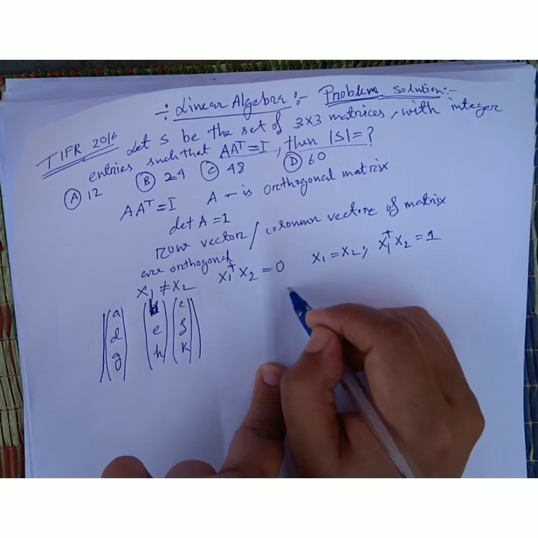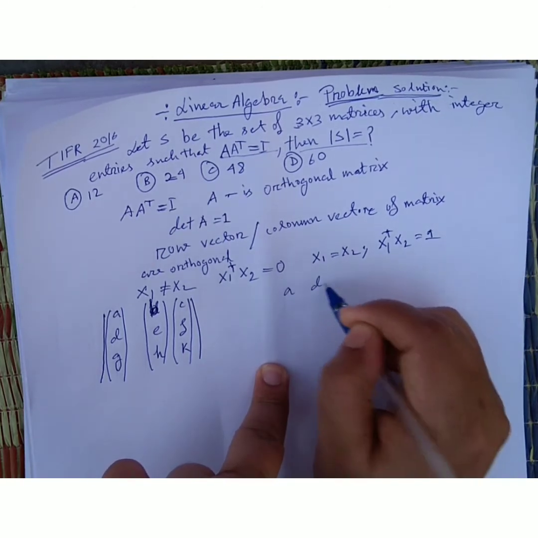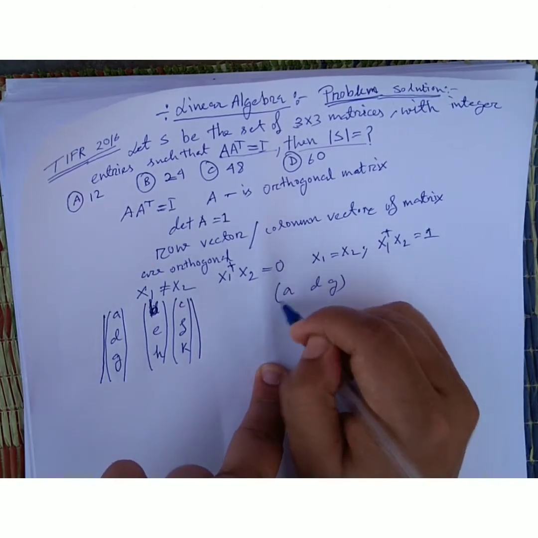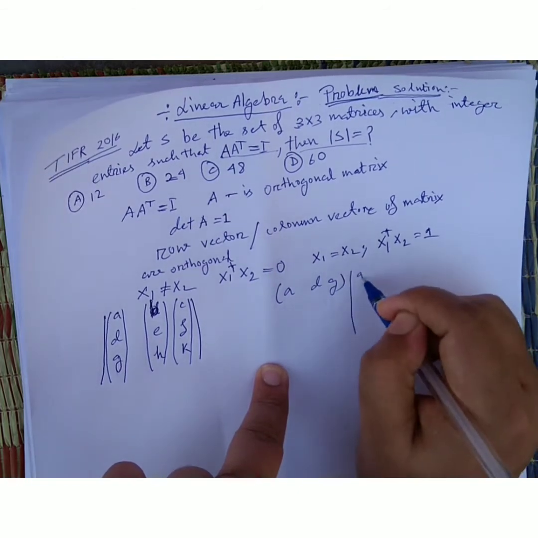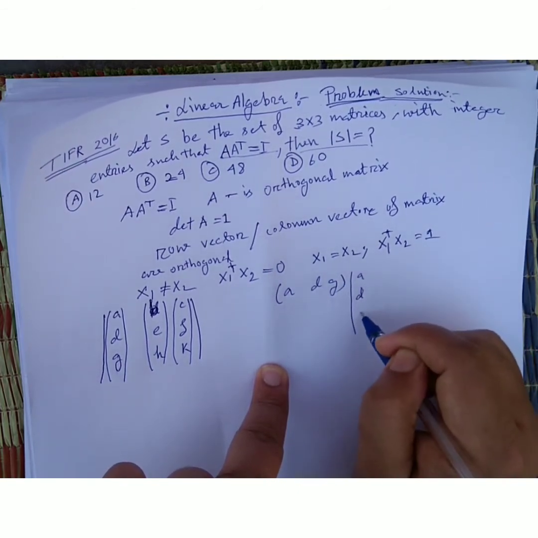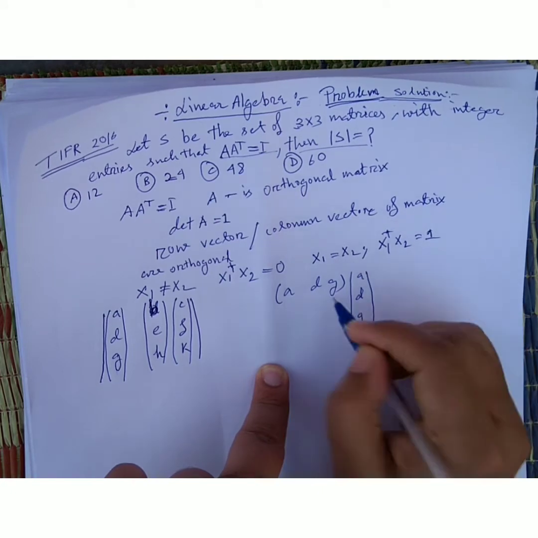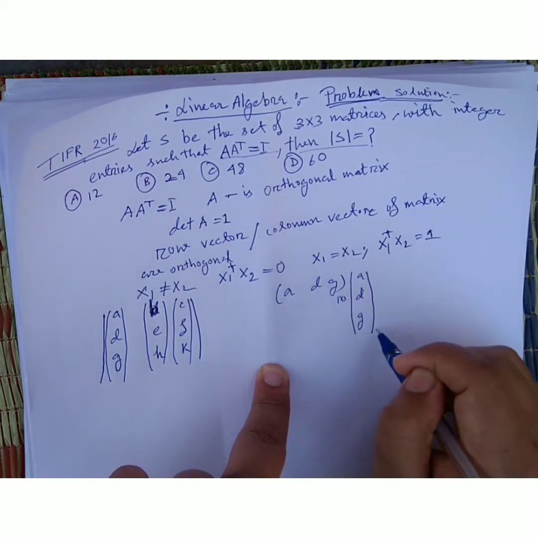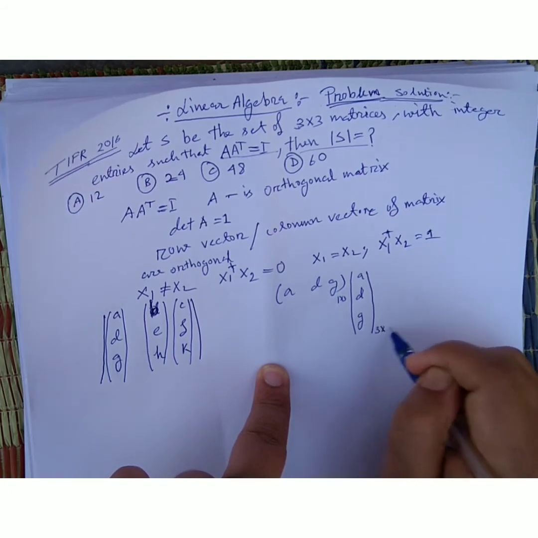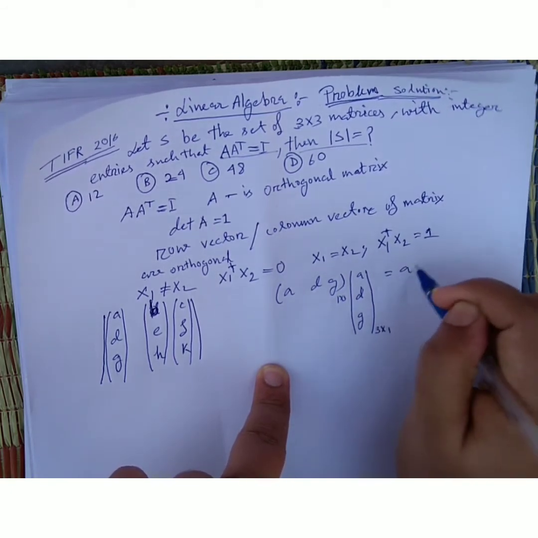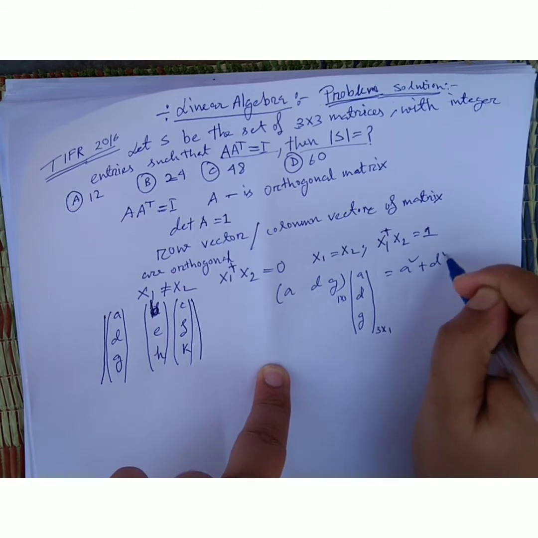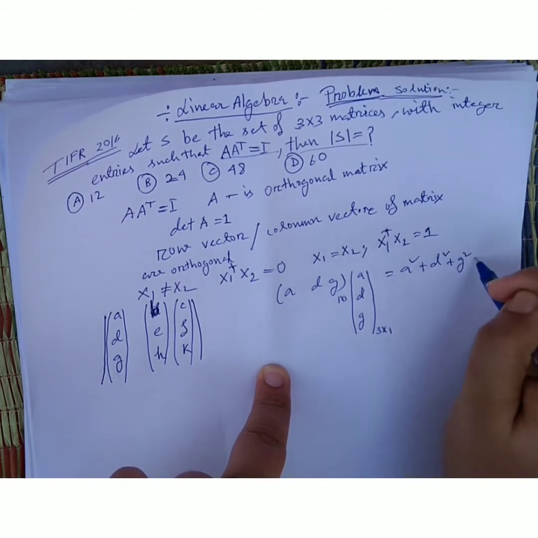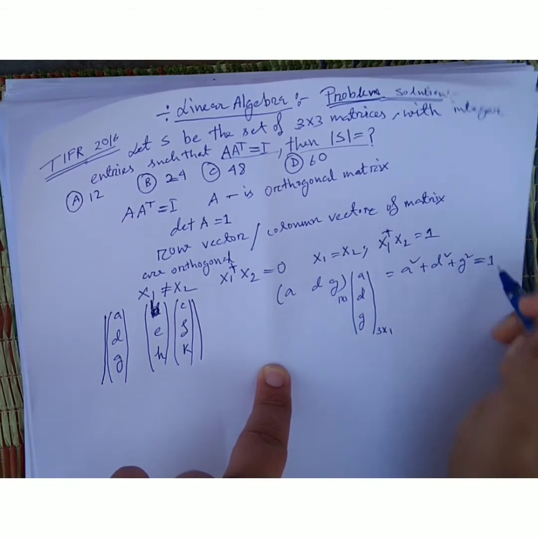If I multiply A, D, G with A, D, G, what do I get, friends? Here the row is 1 by 3 and the column 3 by 1, so I get A square plus D square plus G square is equal to 1.